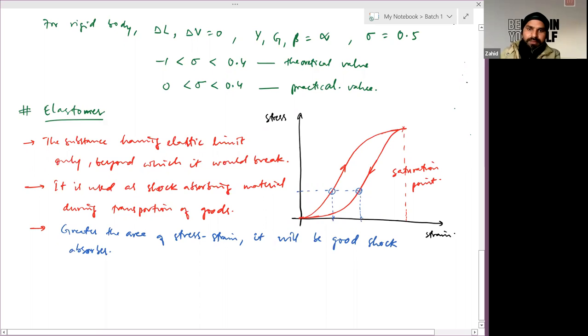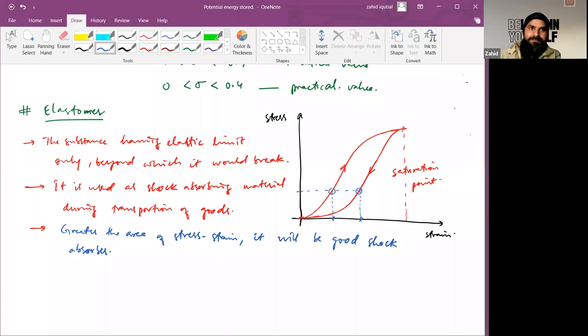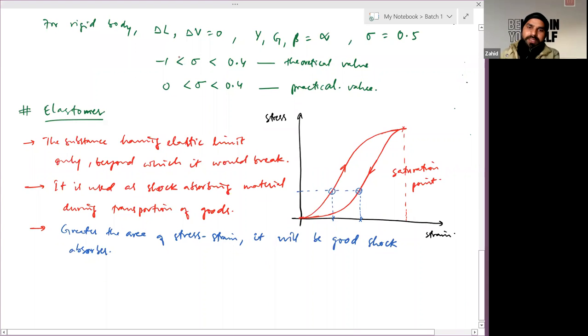So stress and strain are not going along the same rate for both extension and compression. There will be some lagging with respect to one another. This behavior of material is called hysteresis.